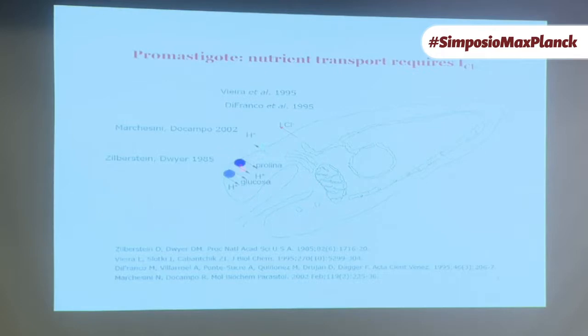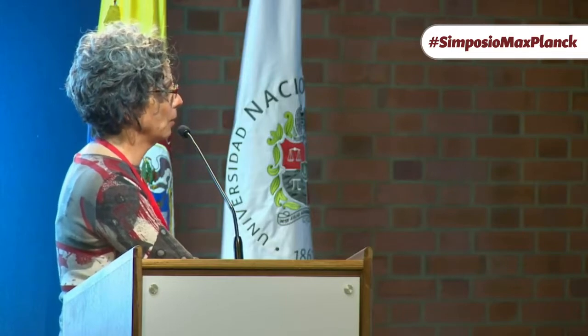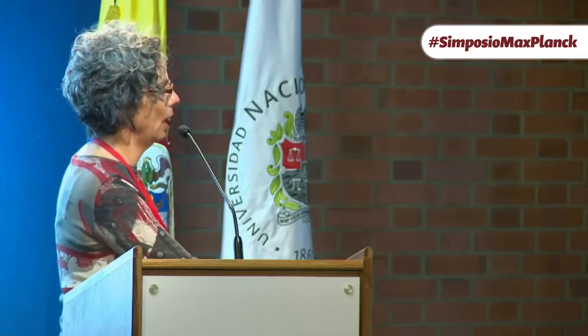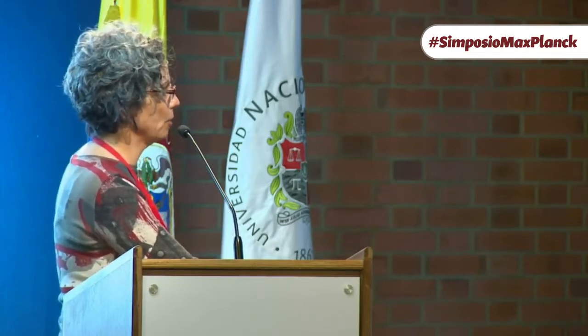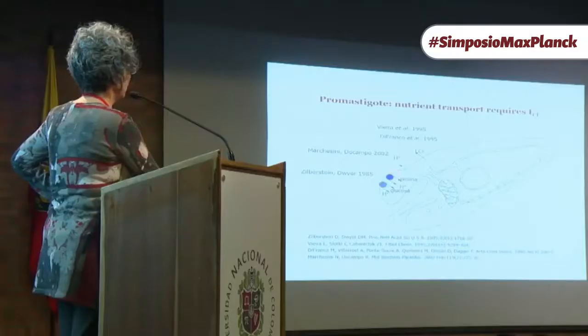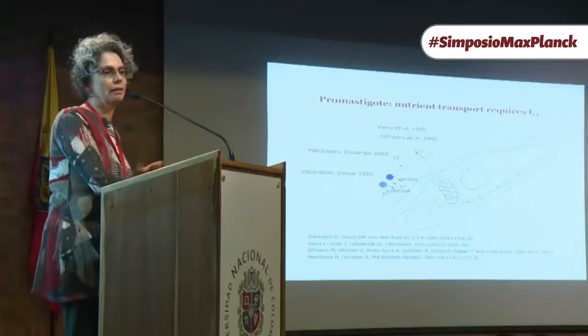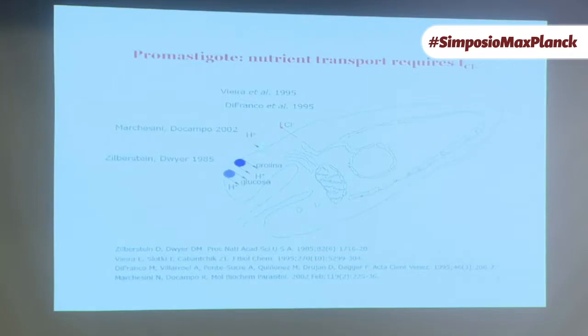In the middle of the 80s, a group led by Silverstein had established that there was a proton pump that used energy in the form of ATP to create a gradient that was utilized by transporters of glucose and proline to make sure that the parasite had its nutrients.